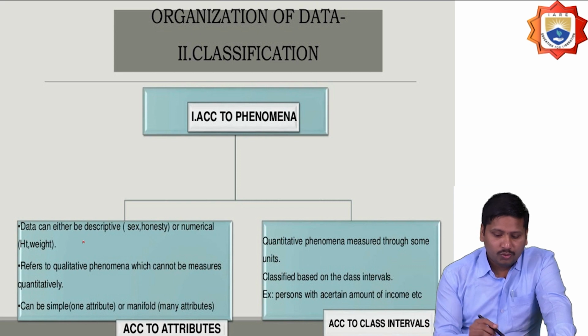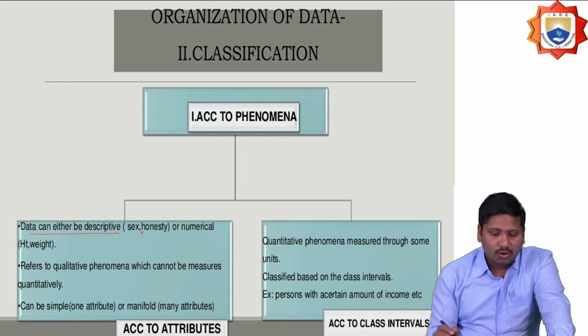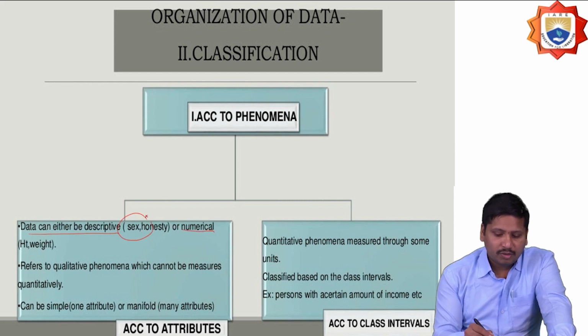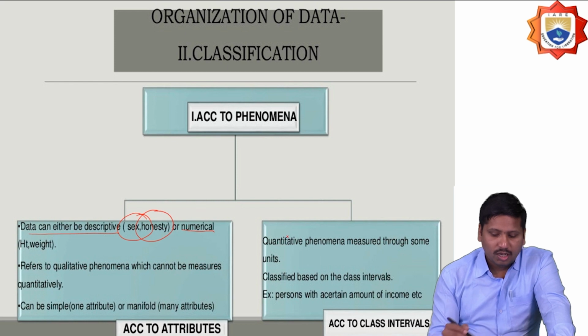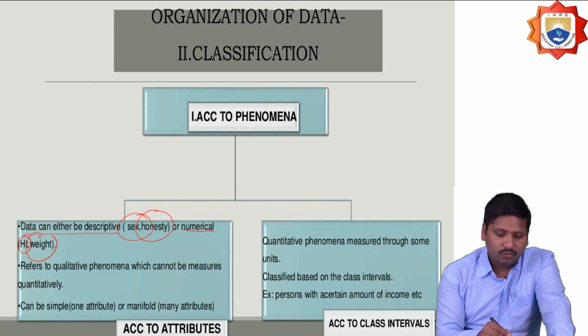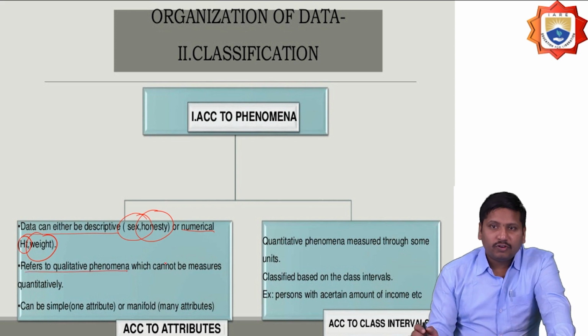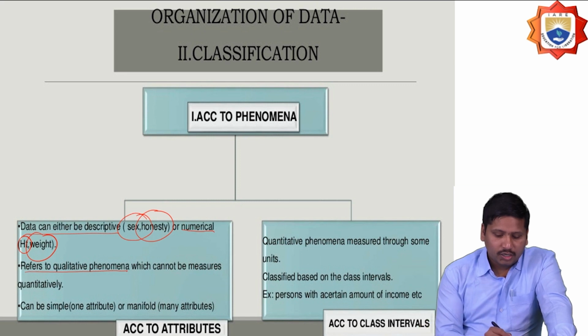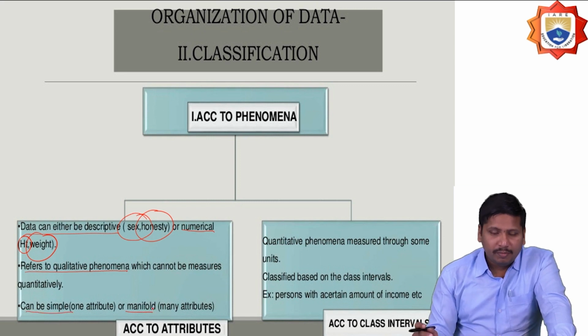If I take according to the attributes, the data may be either descriptive or numerical. Descriptive in the sense it may be sex or honesty, and numerical means height and weight. It also refers to a qualitative phenomenon which cannot be measured quantitatively, and it may be simple or manifold.